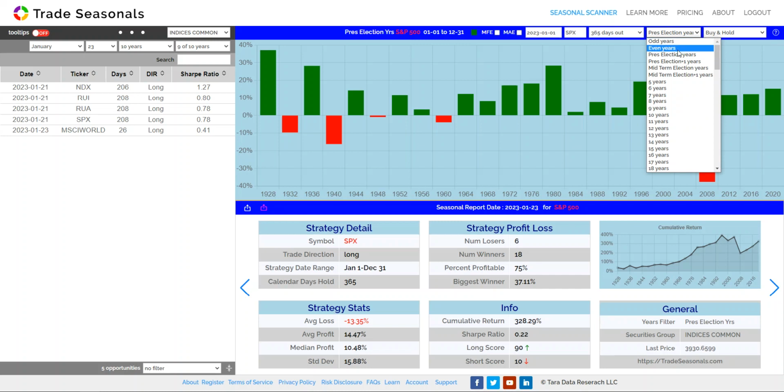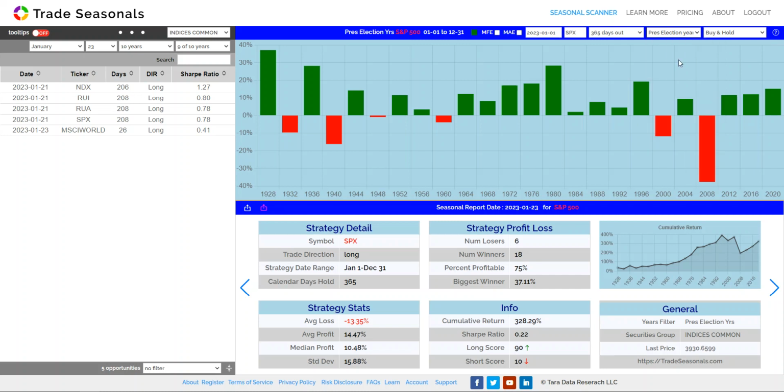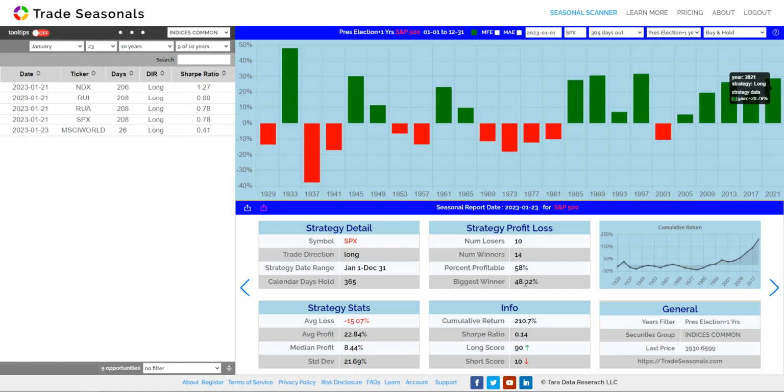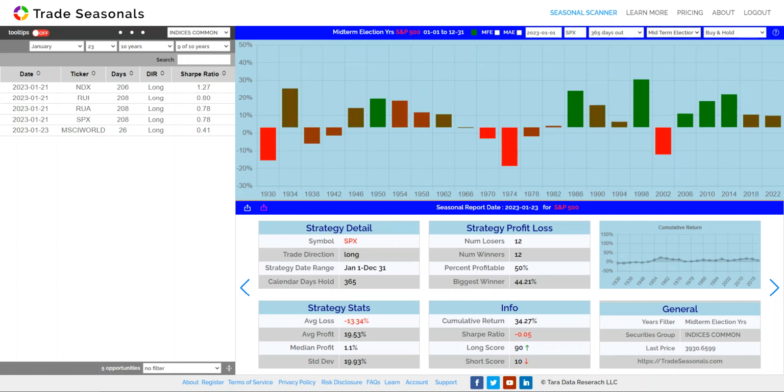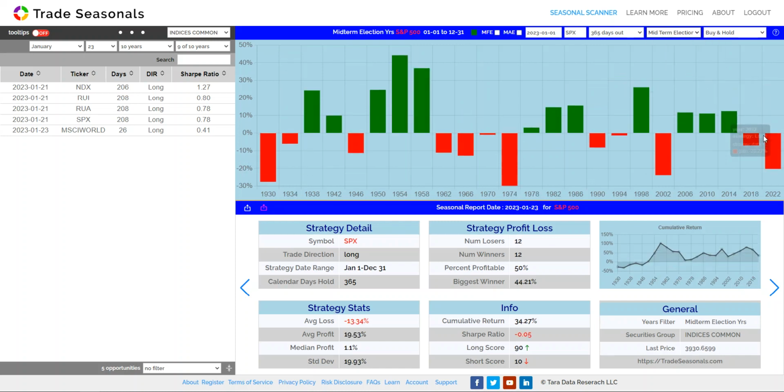How about the year after a presidential election? The year after, the percent profitable drops to 58%. The year that there was a midterm election, the percent profitable drops to 50%, including 2022, which dropped over 20%.